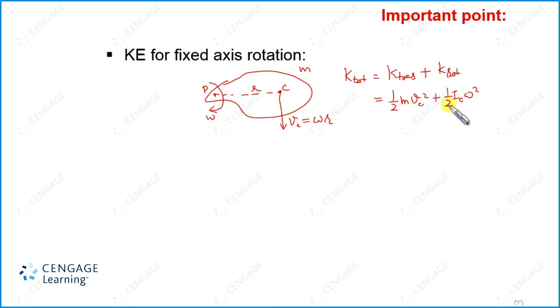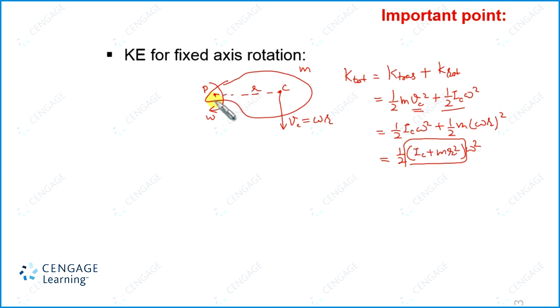Let us rearrange this term and write Vc equal to omega r. So let us write this term first. This is 1 by 2 Ic omega square plus 1 by 2 m multiplied by omega r whole square. So this is equal to 1 by 2, and in brackets the term will be Ic plus m r square, multiplied by omega square. Now you can observe this term, that is Ic plus m r square.